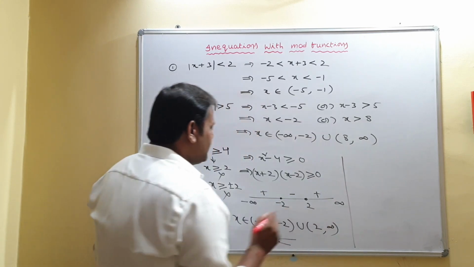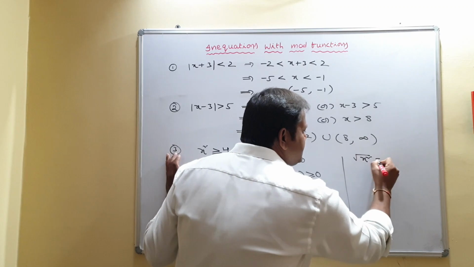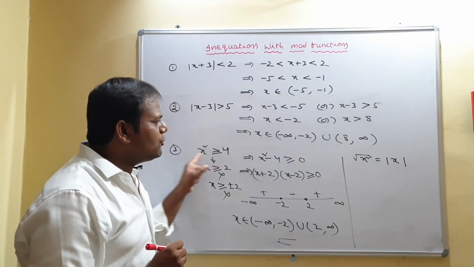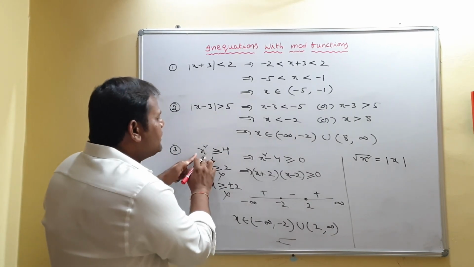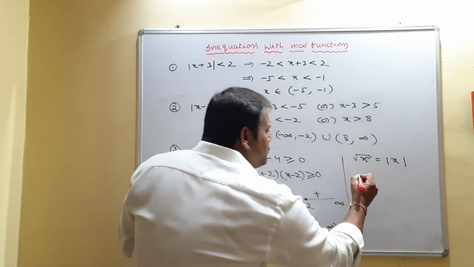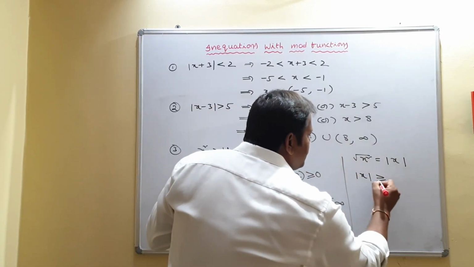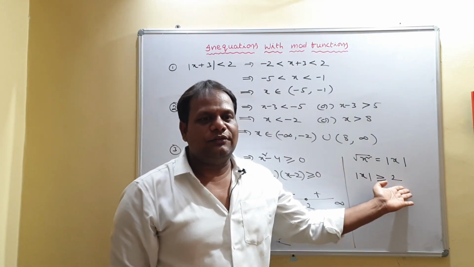One more method we have, that is root x square is mod x. So you take square root on both sides. Then here you get root x square. What is root x square? Mod x greater than or equal to root 4, that is 2. Now it is simply mod x greater than or equal to 2.